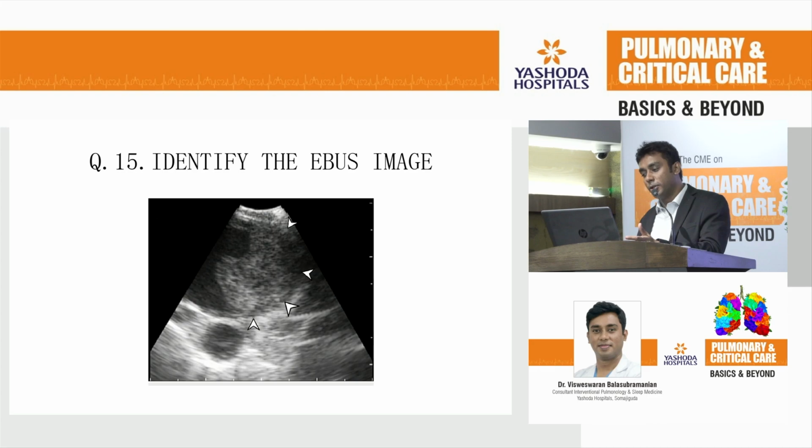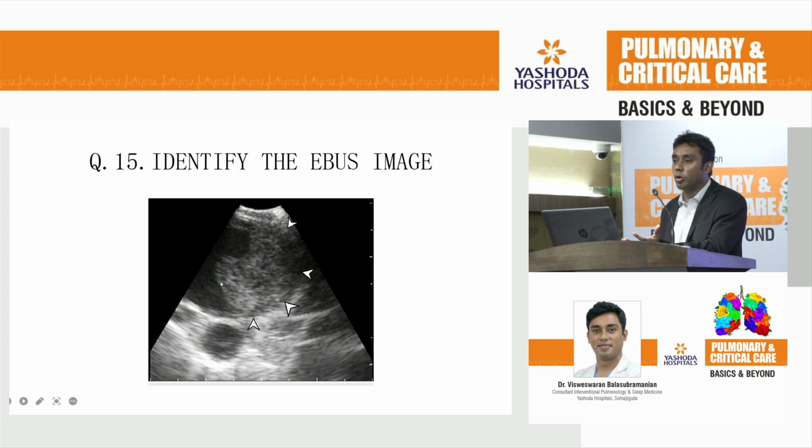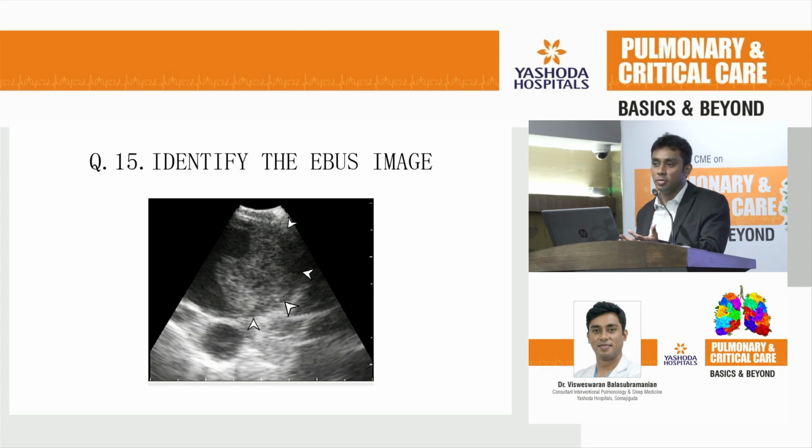Okay, you are very near, but not exactly. What else? Aren't you seeing something totally hypoechoic? When you see hypoechoic, what is it in ultrasound? Fluid. So where all can fluid be in the thoracic cavity? Pleural effusion. Apart from that, blood vessel. Very good.